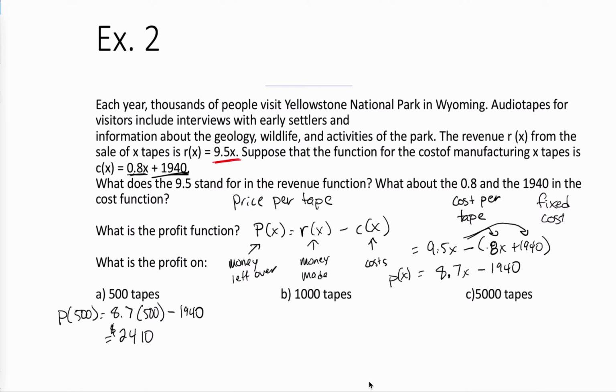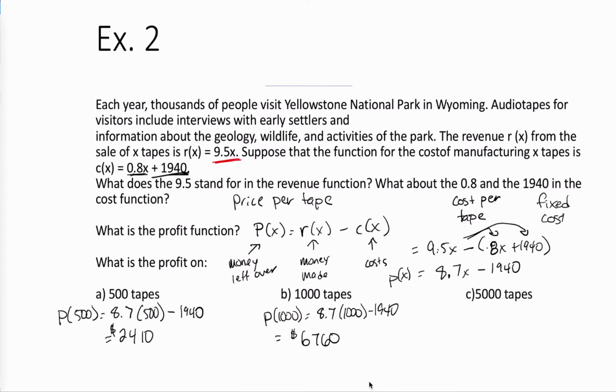For 1,000 tapes, P of 1,000 is going to be 8.7 times 1,000 minus 1940, which is $6,760.